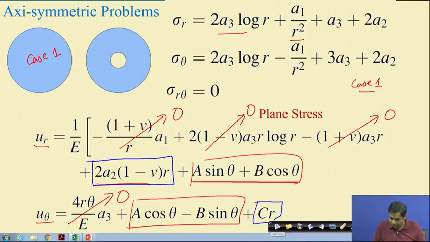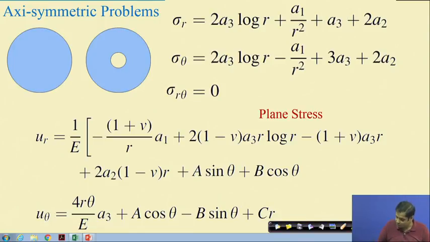Suppose this is case 2. In case 2, we really do not have to make A1 and A3 0, because having this term in the stress field does not violate the definition of a continuous stress field. The stress field is still valid, because r equal to 0 does not belong to this domain.